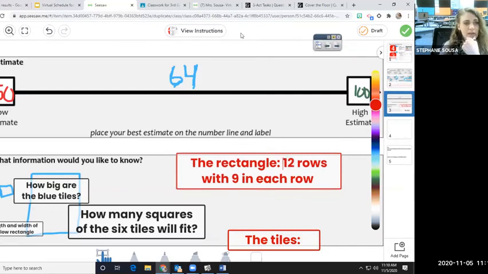Go ahead and record that information. 12 rows with 9 in each row.